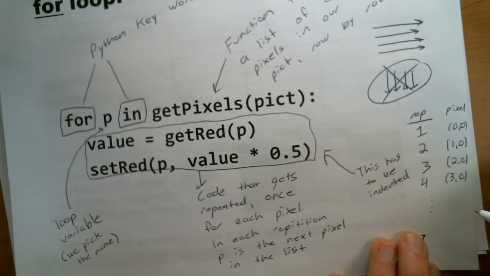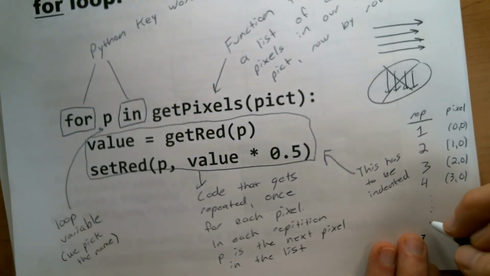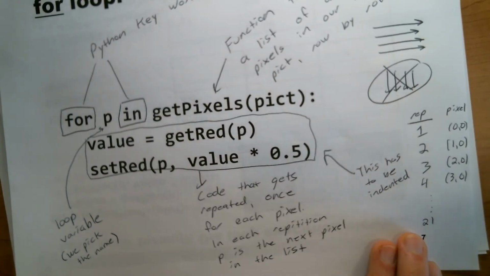And eventually, when you get to the end of the row, I'm just going to pretend that the end of the row is on the 21st repetition. Then you would finally go down to the next row and start over, and that would be at 0, 1.